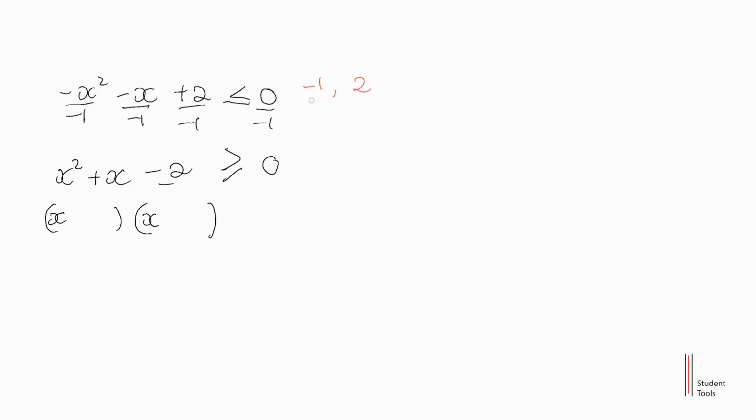But also when you add negative 1 and 2, you get a positive 1, which is the coefficient of x. So here we will have minus 1, and here we will have plus 2, greater or equal to 0. So now we have factorized.